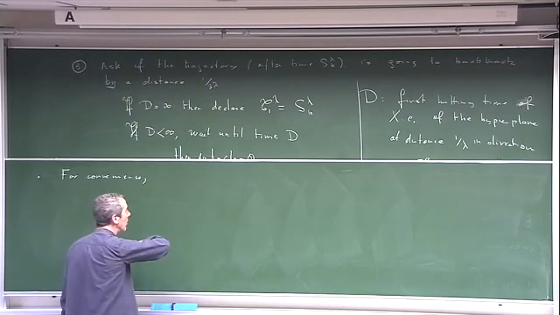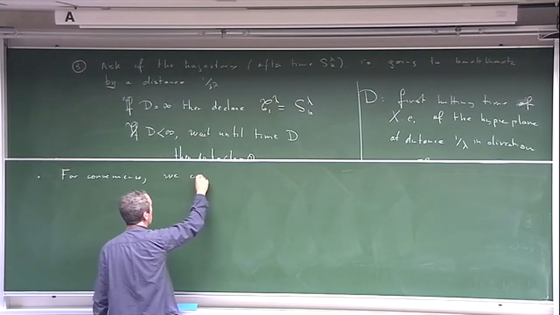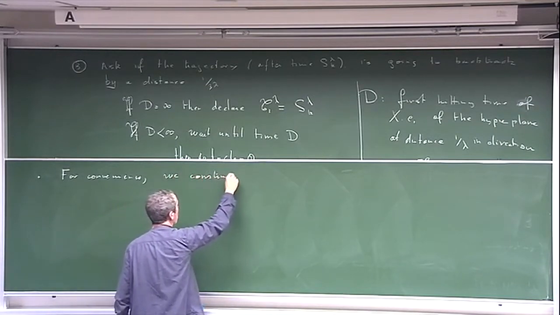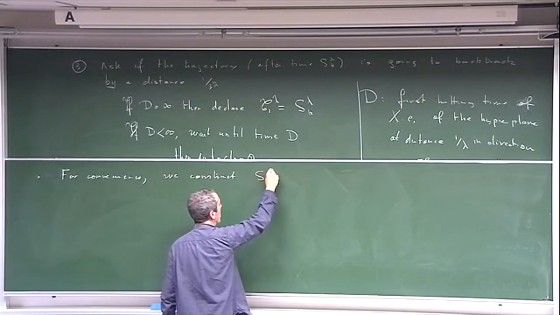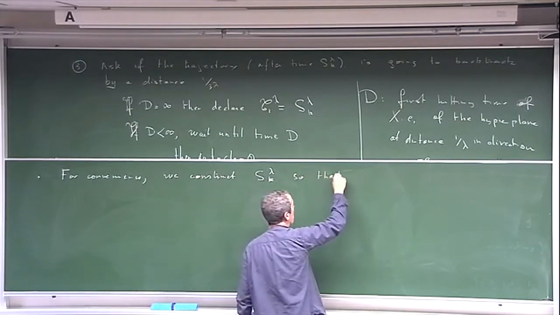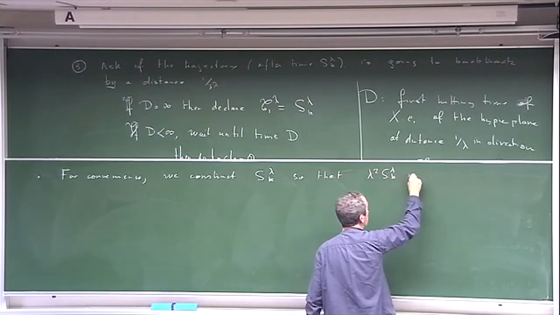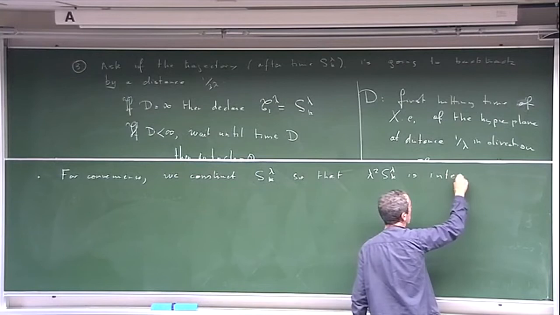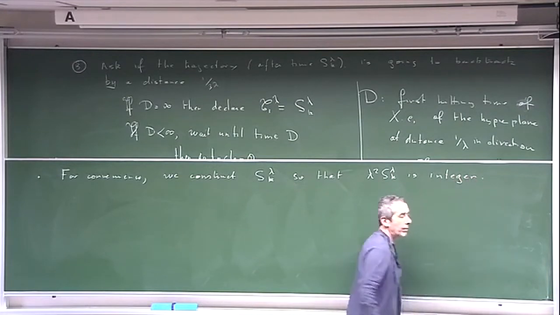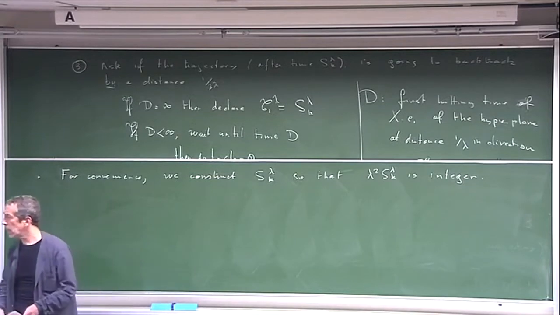We can modify the algorithm a little bit in such a way that in the construction, we construct the time S lambda k so that lambda square S lambda k is always an integer. So you take integer parts.